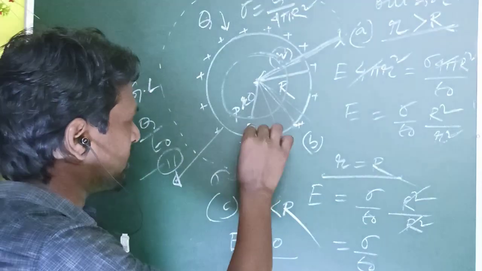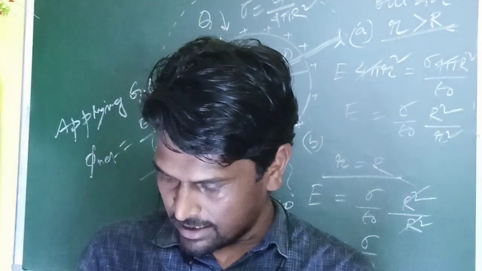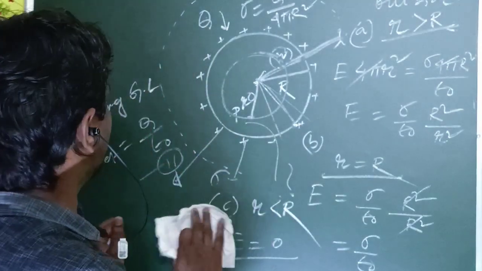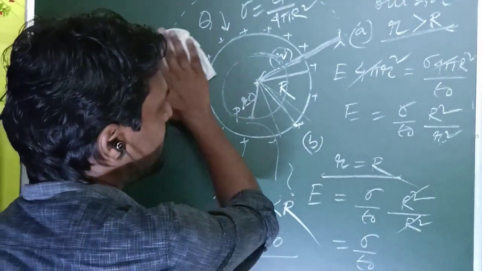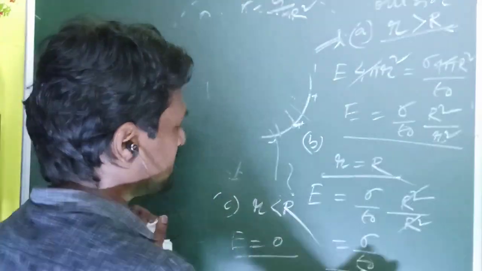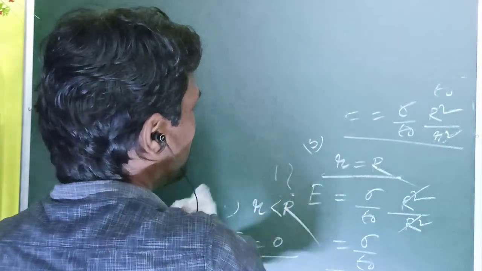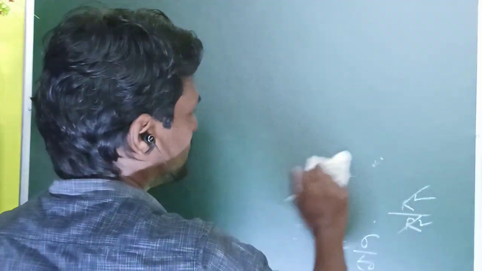So this is a vital point: the electric field inside a spherical cell is 0. Now write down the equations only. With this equation and this equation, we can graphically show the variation of electric field with distance.